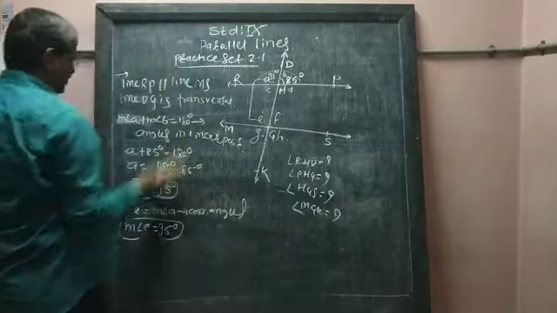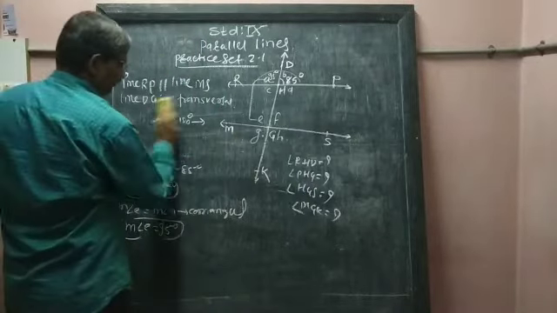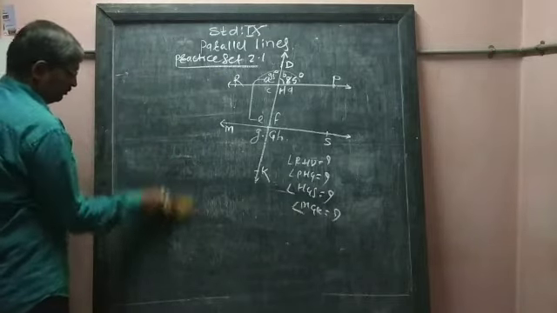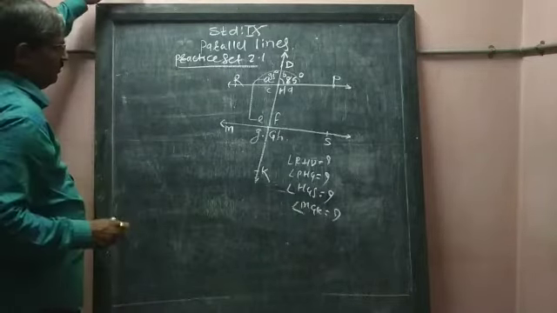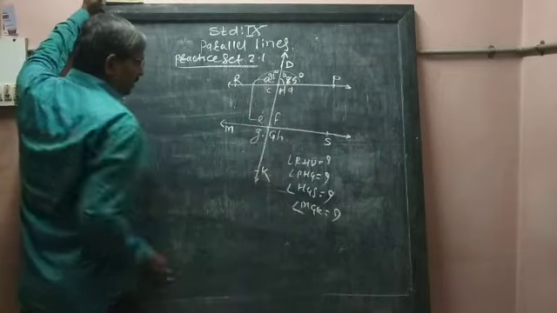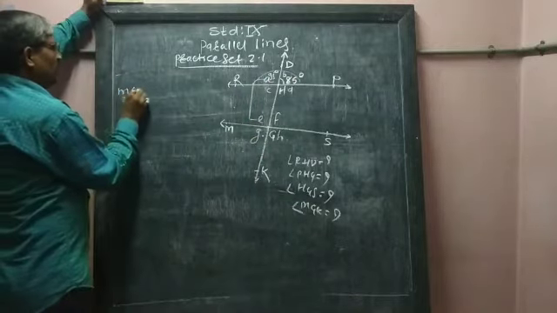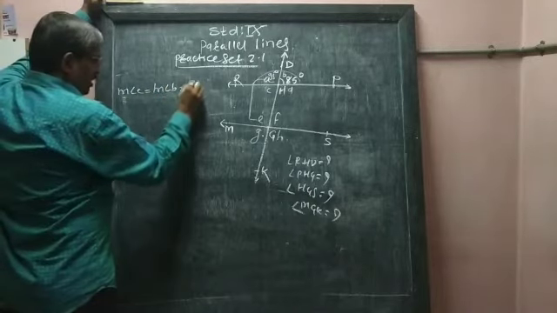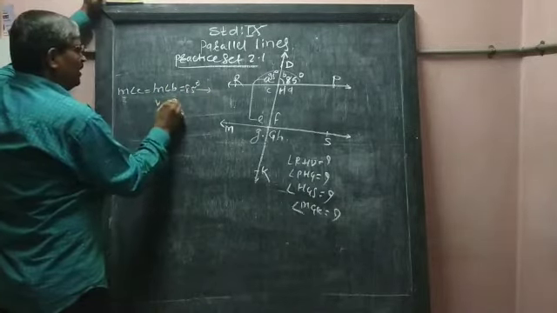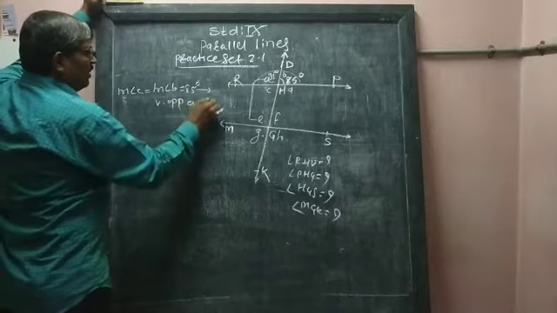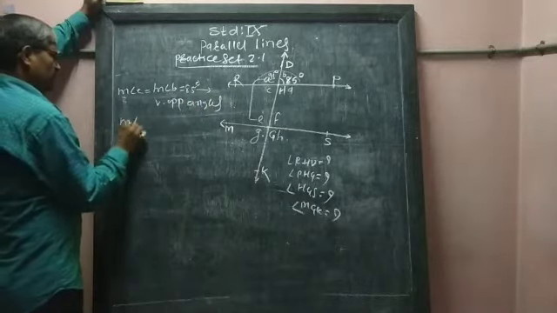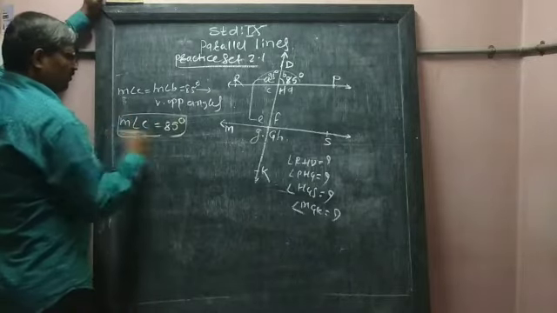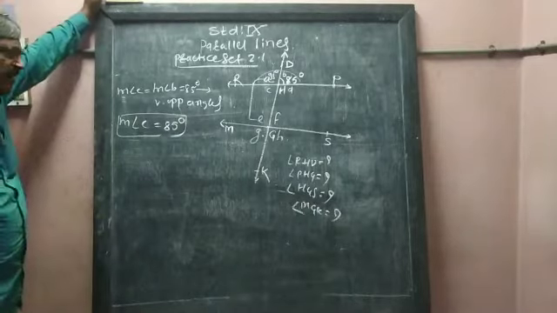Now we will find the next. Angles C and B. Measure of angle C is equal to measure of angle B, which is 85. The reason is vertically opposite angles. Therefore, measure of angle C is equal to 85 degrees.